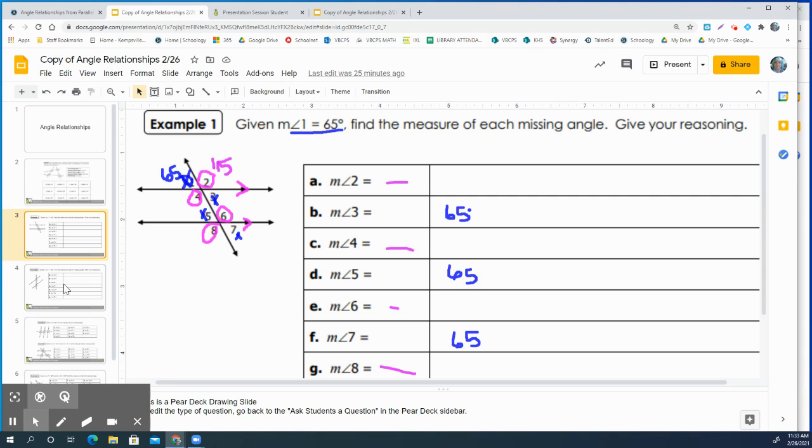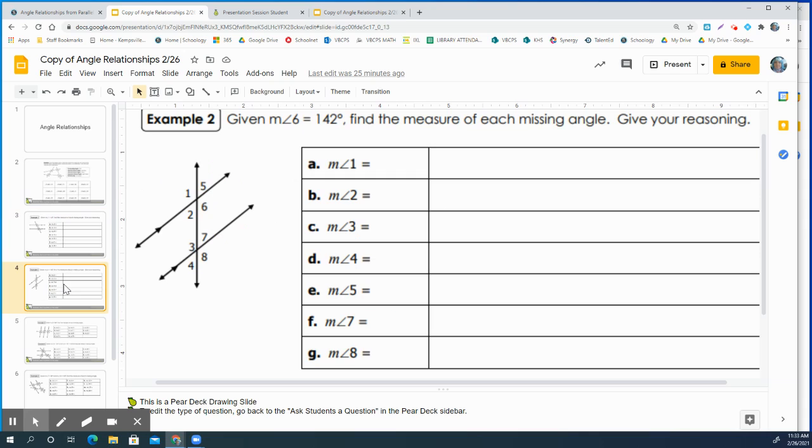So let's look at slide 4. Slide 4 is going to be the same thing. What 4 angles are acute? Just shout them out. What 4 angles are acute? Somebody said 5. 1, 2, 4, 7. 2, 4, and 7.